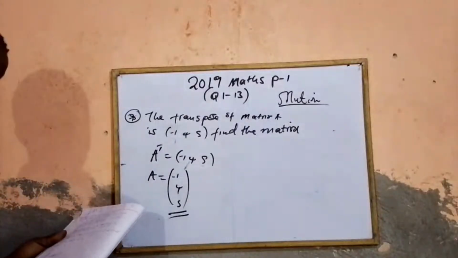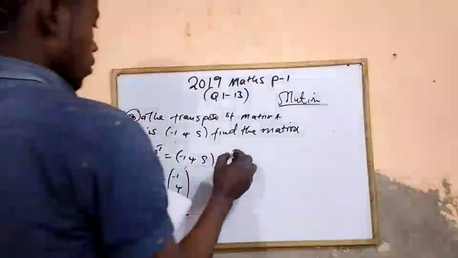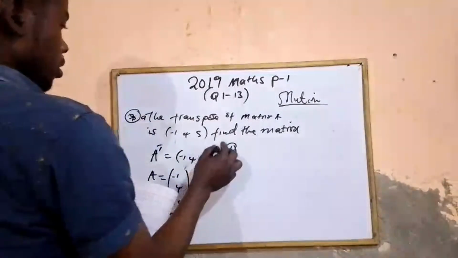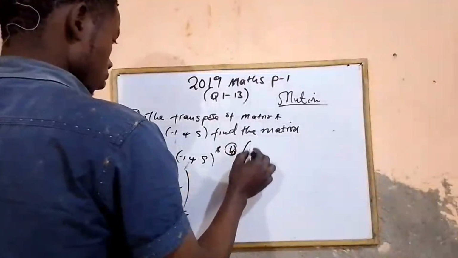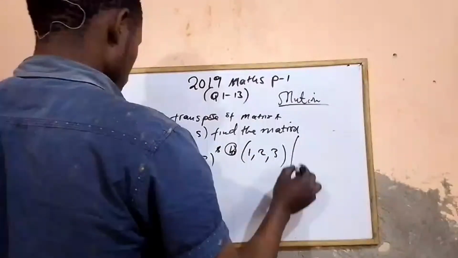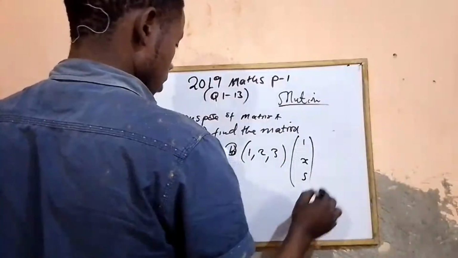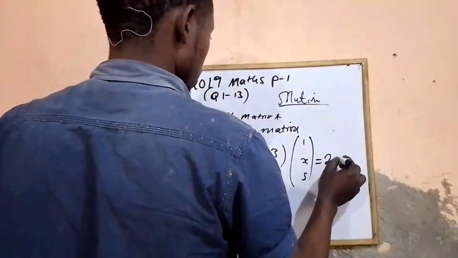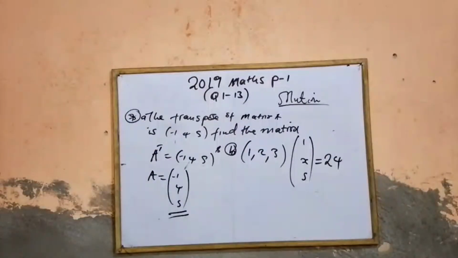Now for question 8b, we are told that we have this matrix (1, 2, 3) and this matrix (1, x, 5), which should be equal to 24, and we are told to find the value of x. How can you find the value of x from this matrix?